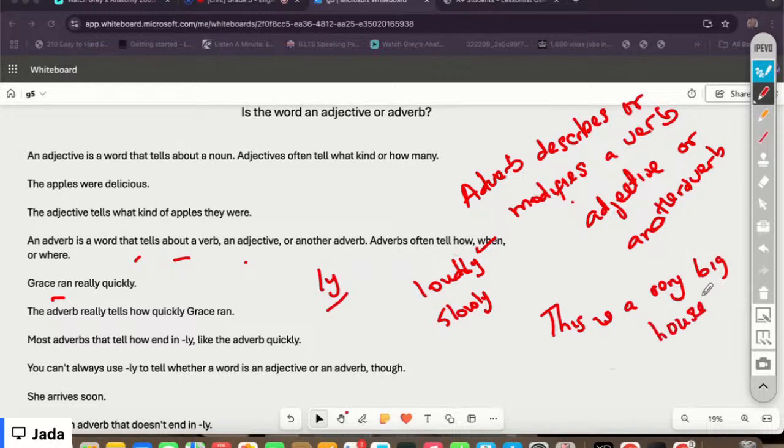So that's an adverb modifying an adjective. Okay. And if it's modifying the adverb itself, it would be, he sings quite well.